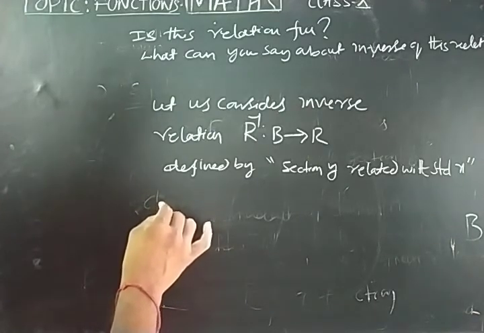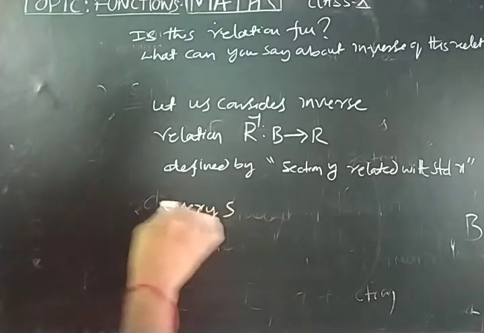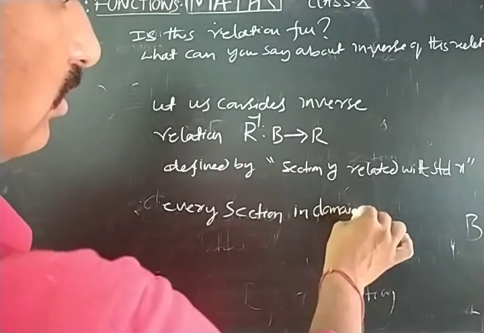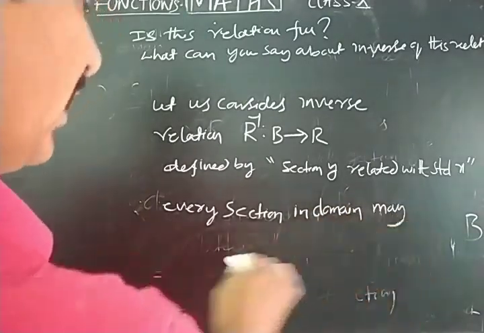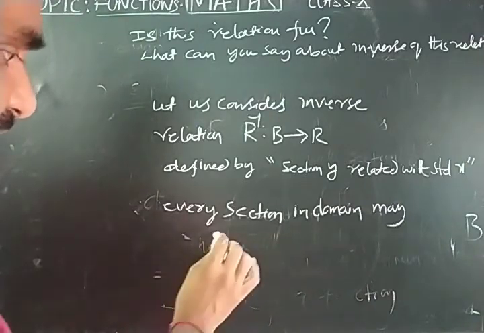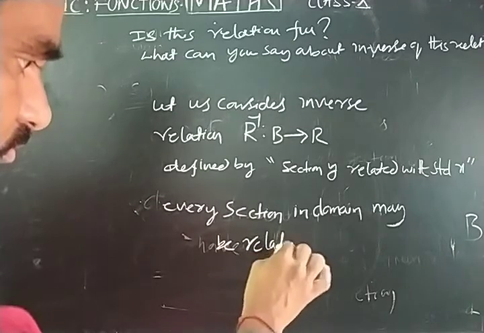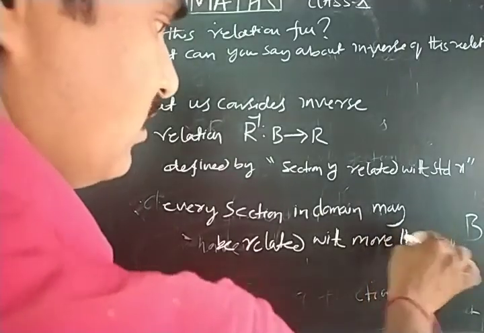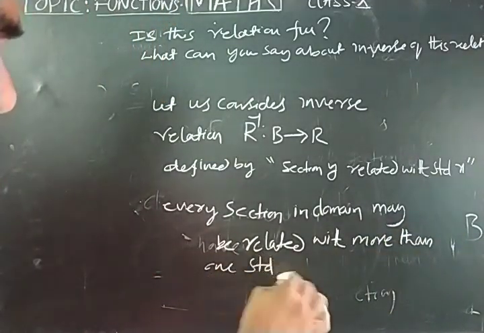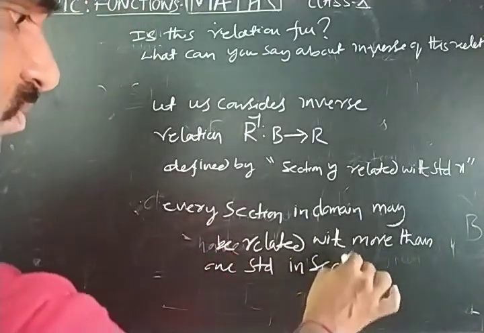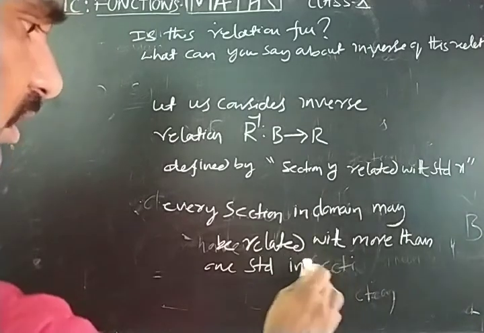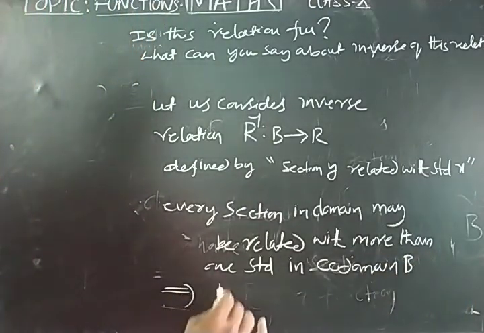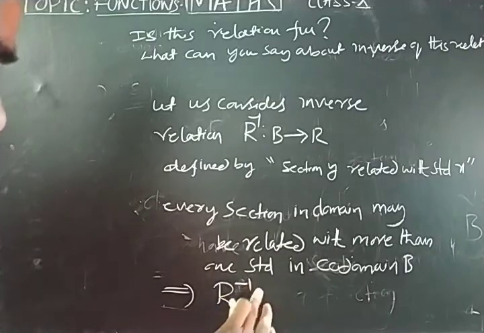So clearly, every section in the domain may be related with more than one student in section D in the codomain B. So we can say that R inverse is not a function.